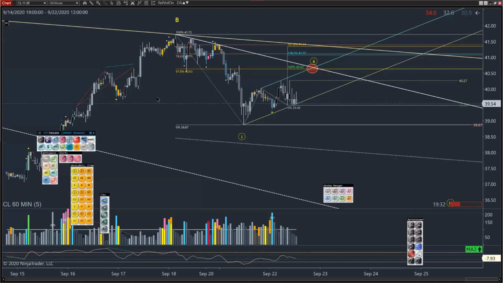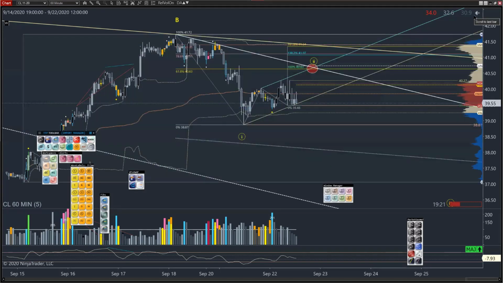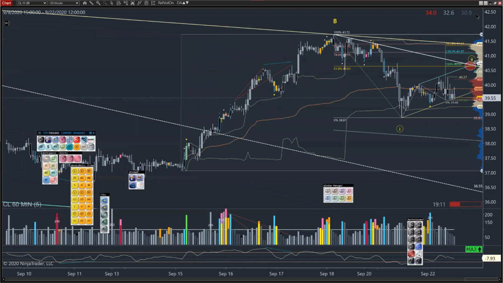And that's really good enough as far as the profile is concerned. And that's really, honestly, as far as the volume profile goes, I don't use it for much more other than that. Just to kind of confirm where the dense pockets of volume are.